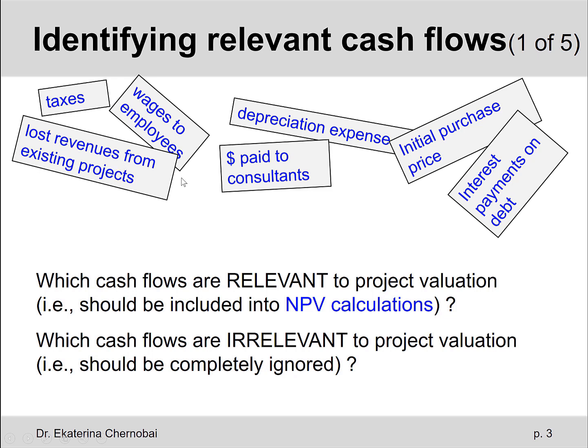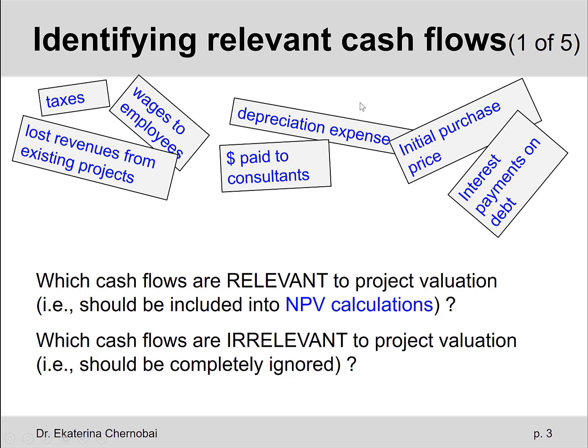Lost revenues from existing projects, well, if by implementing some new project we are going to see lost sales from something else we already have, that's an important consideration, right? So this is also a relevant type of cash flow. Depreciation, initial purchase price, interest payments on debt, money paid to consultants.